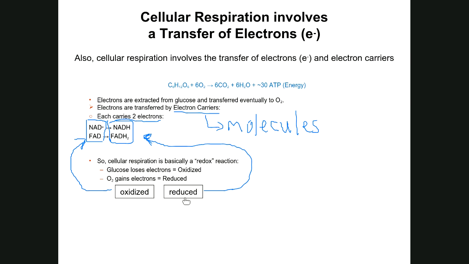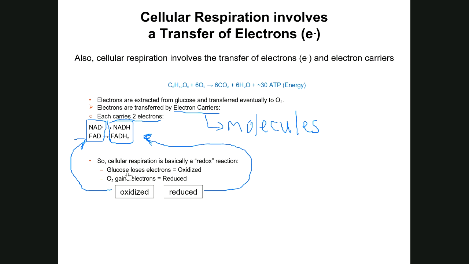Now, what do oxidized and reduced mean? It has to do with down here. Cellular respiration is basically what they call a redox reaction. It consists of chemical reactions referred to as reduction and oxidation reactions. Whenever you hear reduction and oxidation, or reduced and oxidized, in biochem, automatically tell yourself this has to do with the transfer of electrons.